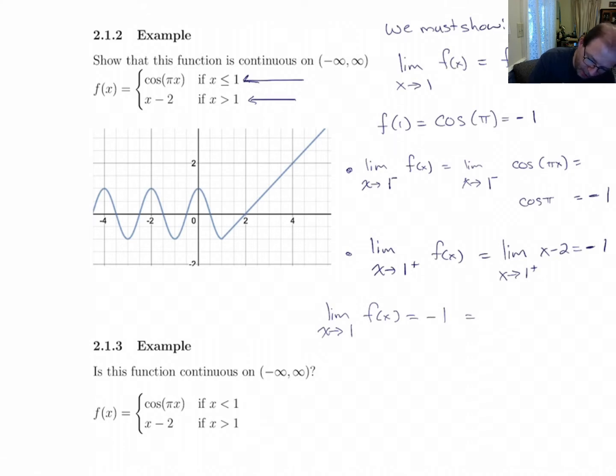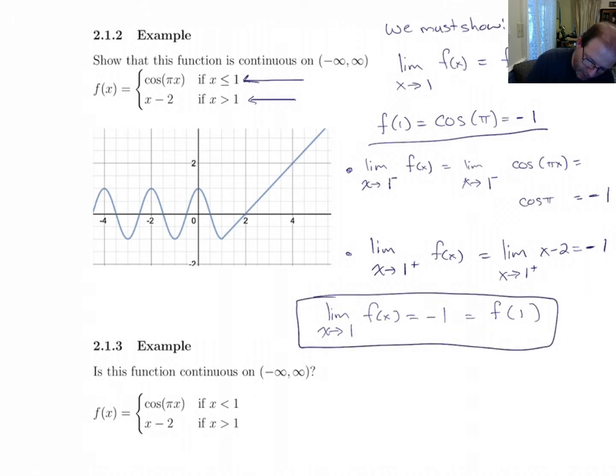And we saw up here, f of 1 is also negative 1. So since the limit and the function value are the same, it's continuous. Now that's writing everything out in long form. Really, the only thing we have to check here is that it's defined at 1, and that this function and this function give us the same value there.